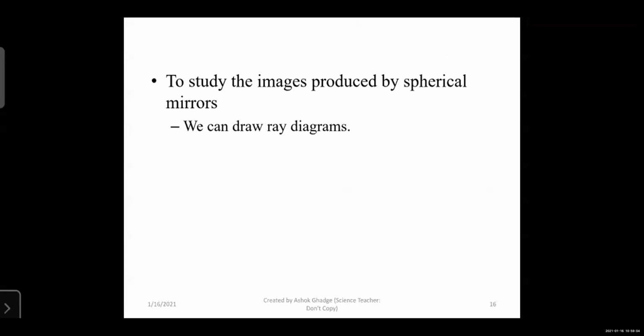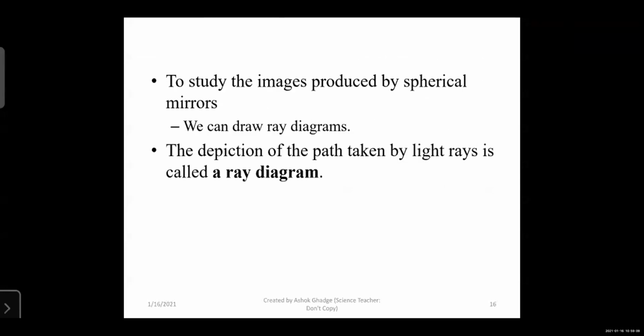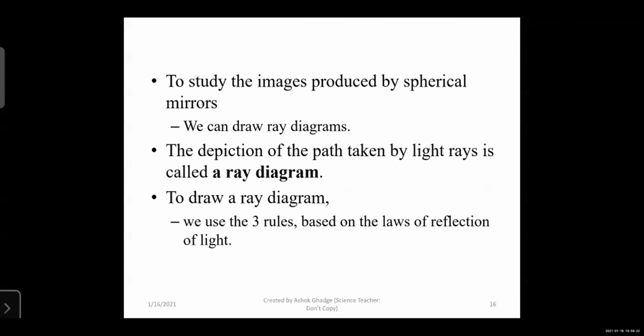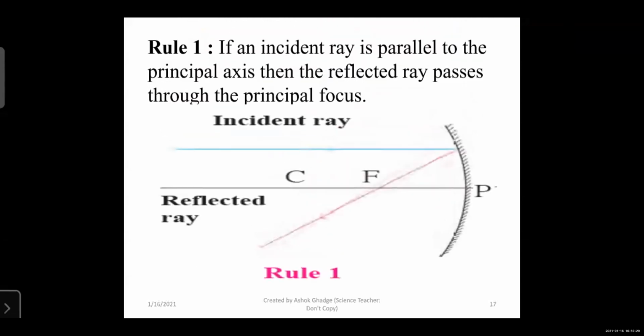To study the images produced by a spherical mirror, we can draw a ray diagram, and the depiction of the path taken by the light ray is called a ray diagram. That is the definition of a ray diagram. To draw the ray diagram, we have three rules which are based on the laws of reflection of light. The first rule: if an incident ray is parallel to the principal axis, then the reflected ray passes through the principal focus.